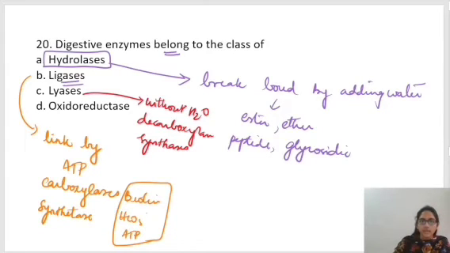Lyases break bonds without adding water. The difference between ligases and lyases is that ligases are synthetases and carboxylases, while lyases are decarboxylases and synthases, and they do not utilize ATP.